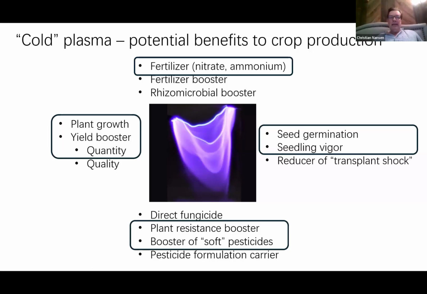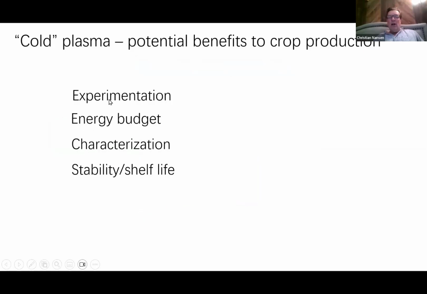We will also later on share data with you when we start working with direct seed treatment. And ultimately, we are doing all the experimentation. We're doing it in Cornell, we're doing it in Minnesota, we're doing it at UC Davis, and we will be moving to field plots. So we're doing a lot of experimentation of the technology.